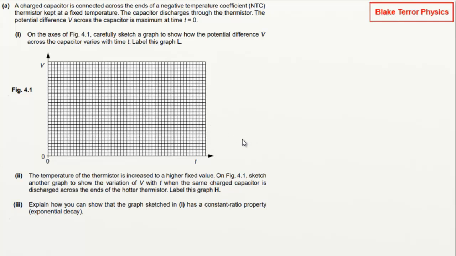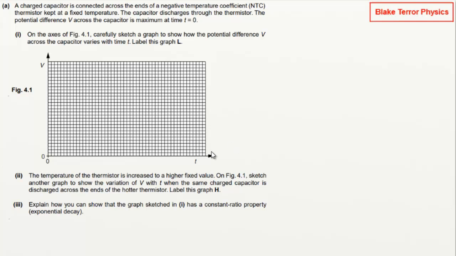Okay, so we want to indicate that we're getting this 1 over e exponential decay. How capacitors discharge, whether we're doing the potential difference or the charge stored or the current, they're all decaying in the same way.